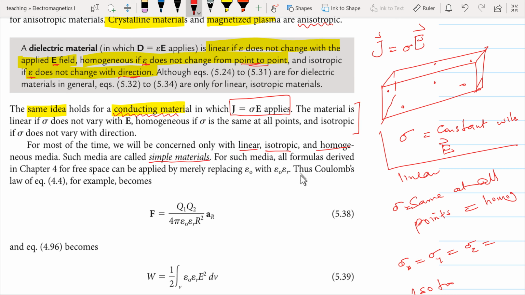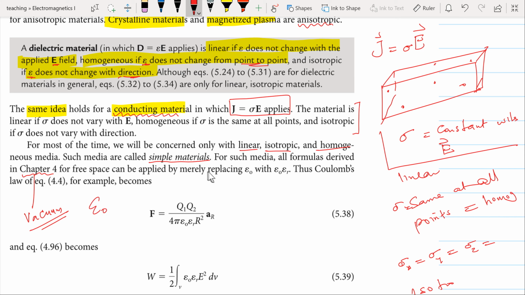So for such materials, the equations that we have derived so far, particularly those in chapter 4, which was concerned with the fields in a vacuum, described the material with permittivity epsilon naught.